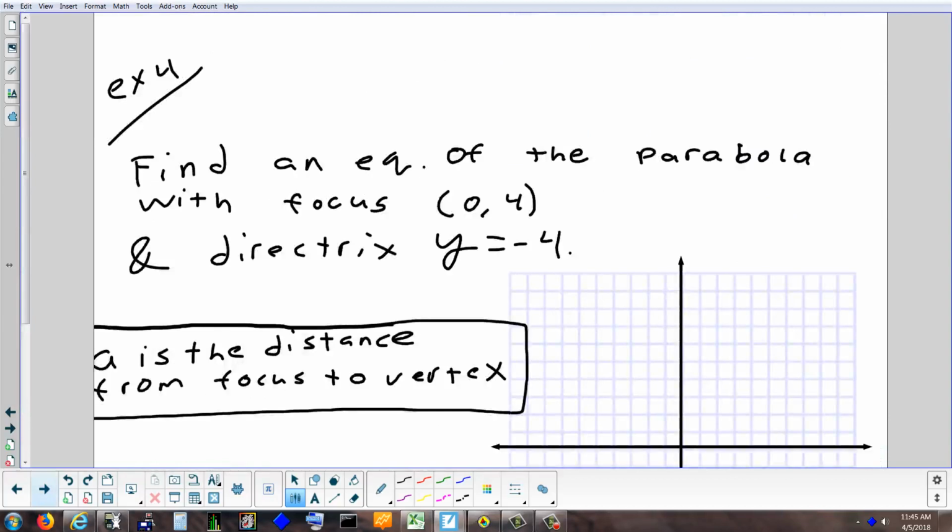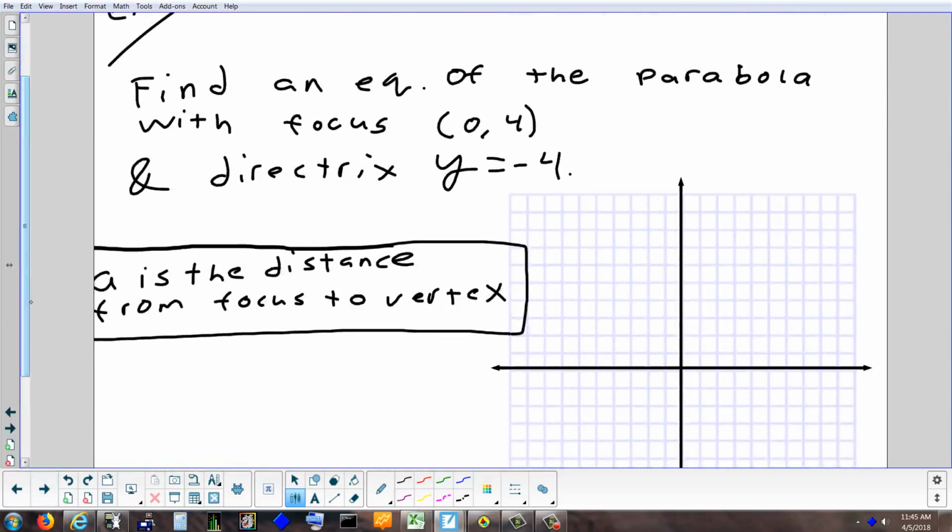All right, so this is one where you have to find the equation again. I'm not going to sketch it. Okay, let's look at our information and see if we can figure out which way the parabola opens. They're saying the directrix is y equals a negative number.